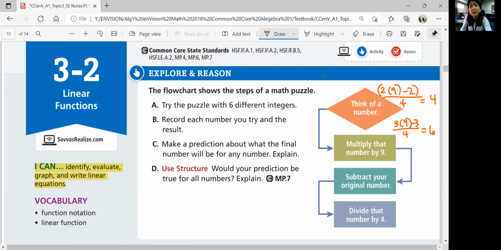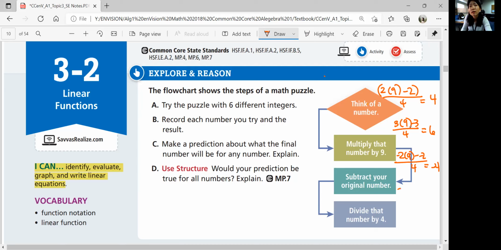What about some negative numbers? Negative 2 times 9 minus negative 2, divided by 4, right? So negative 18 plus 2 is negative 16, divided by 4 is negative 4.